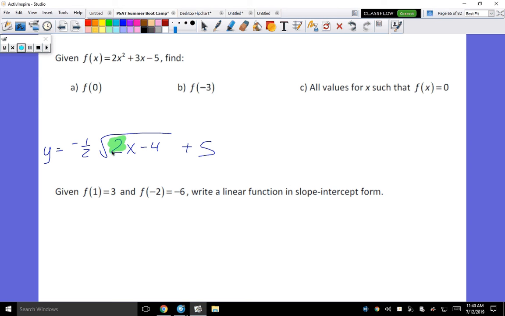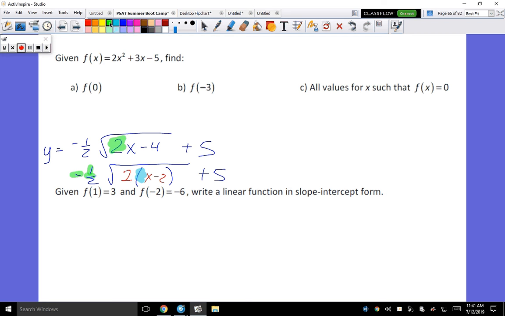So if I change this, it would be what? 2 times x minus 2. Just like Emily said, we got it to 1. Now we can interpret all the transformations.